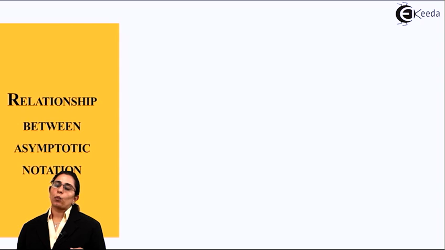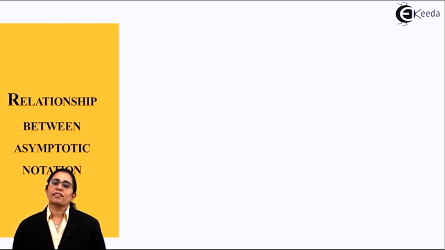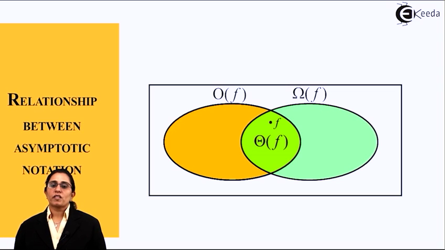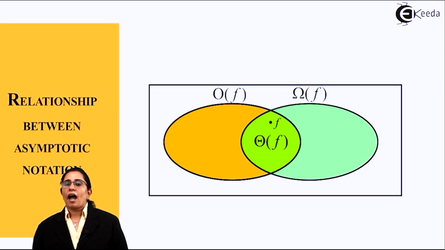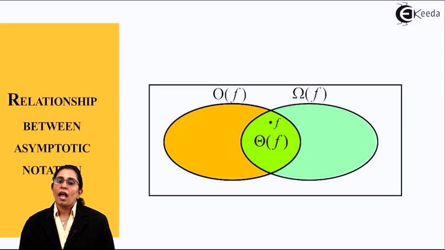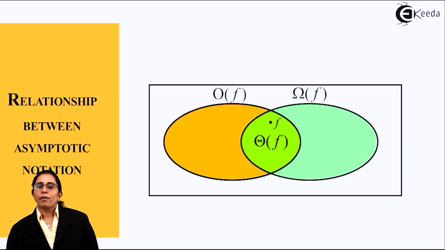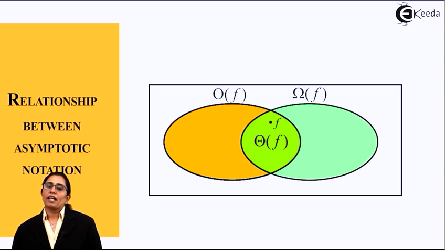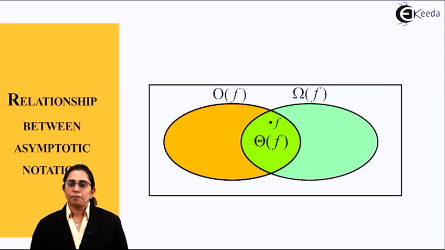Now, the relationship between the various asymptotic notations can be represented graphically as, if you can see here, the big O, the big omega and the big theta. All of them form three different layout structures, as big O falls on the right hand side and big omega falls on the left hand side, and theta is a tight bound for the particular function.